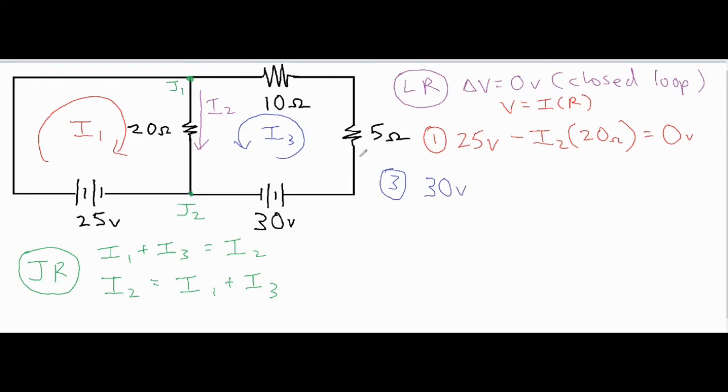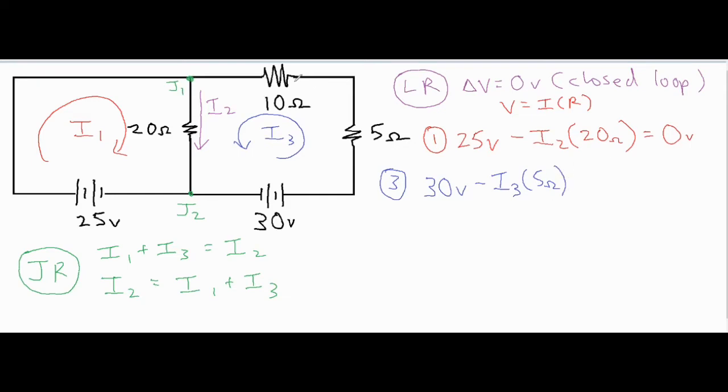And then it's going to pass through the 5 ohm resistor. Again, that's with the current. I could have chosen to go the opposite direction, but I chose to go counterclockwise. So it's with the current, so it's going to be a voltage drop. So minus I, so this I is I3, and the R is the 5 ohm resistor.